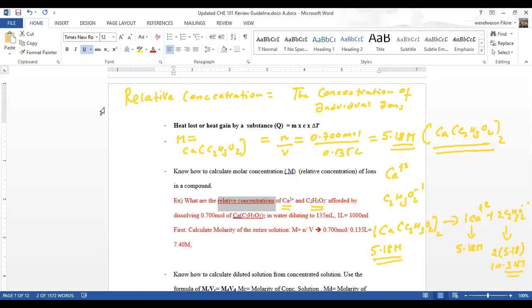Okay, that's how relative concentration is calculated. Relative concentration is focusing on the individual ions. When I ask you the concentration, it means the concentration of the entire compound.